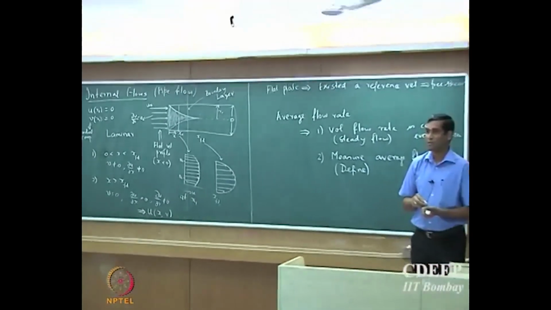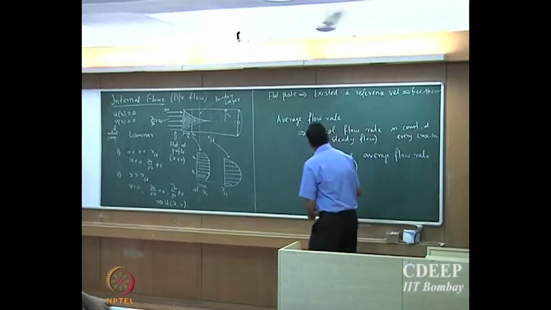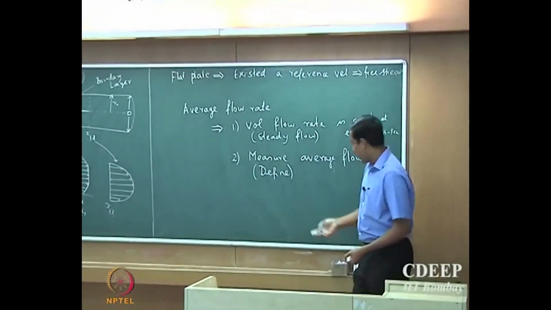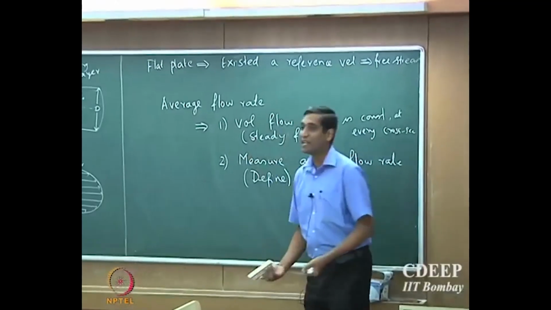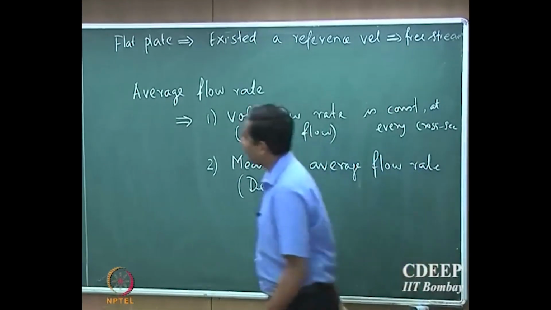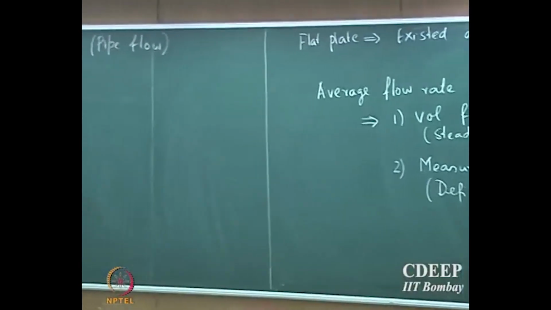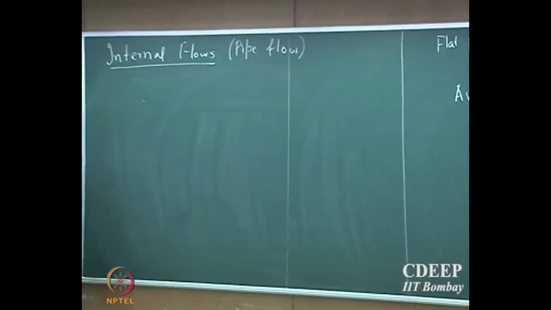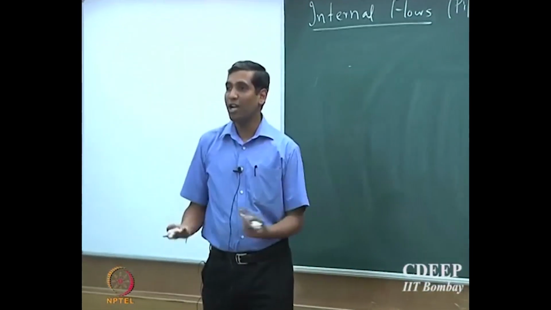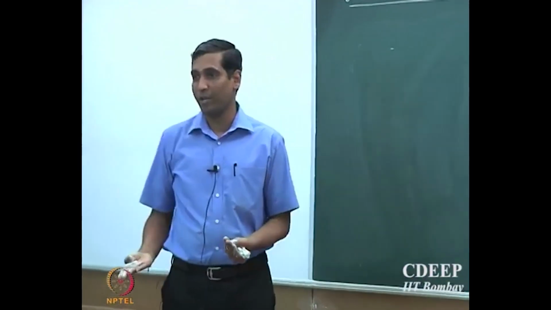Any other questions? Okay. So now we need to define what this average velocity is, and we have to use that as a scaling parameter for all the modeling equations that we are going to write. In order to define the average velocity, we are going to use the first observation that the flow rate is a conserved property.